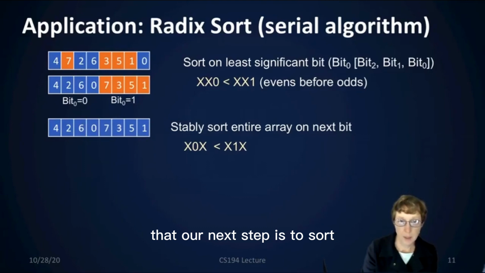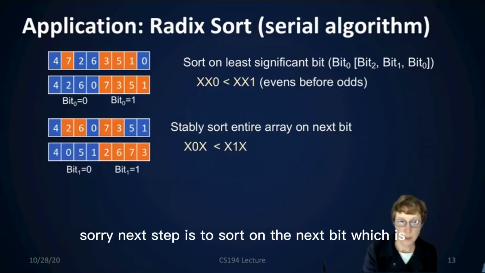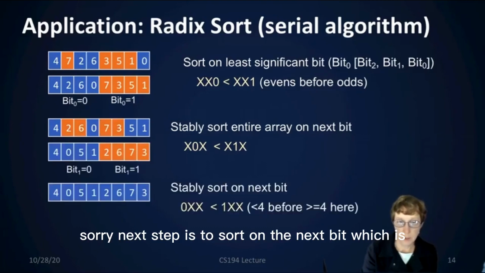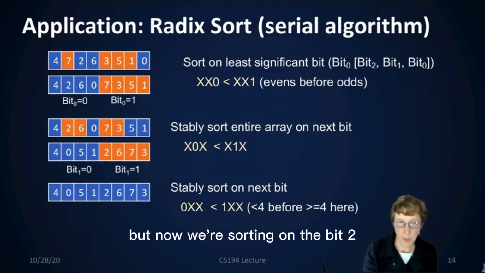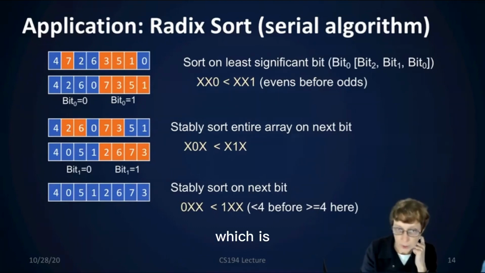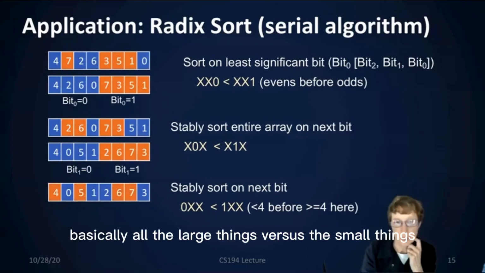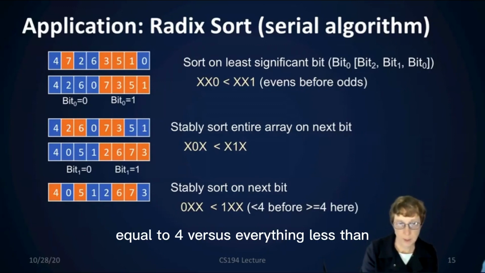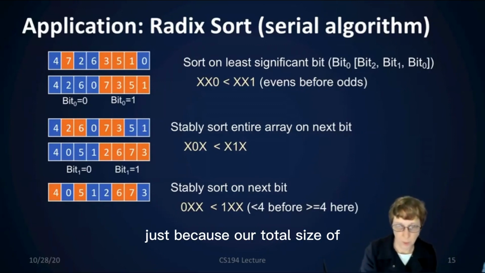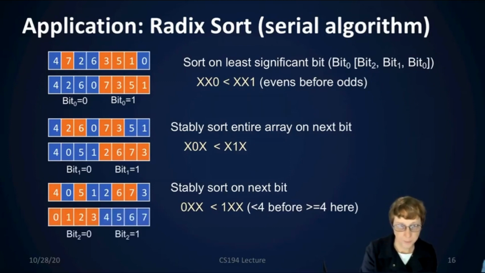Then our next step is to sort on the next bit, which is bit 2. This is really basically all the large things versus the small things, everything greater than or equal to 4 versus everything less than 4, because our numbers only go up to 7.